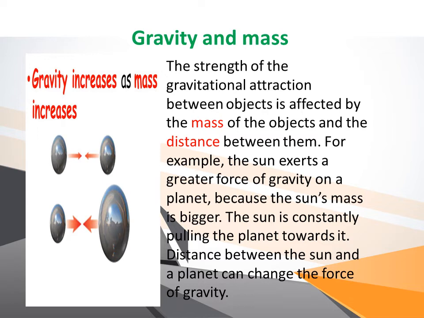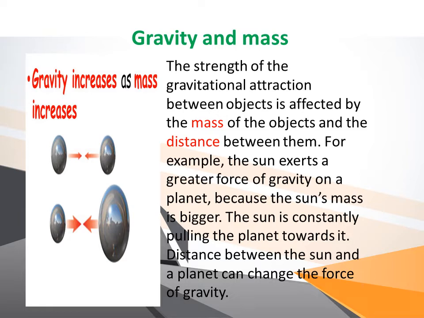Now, gravity not only depends on distance, the mass also. So, the strength of gravitational attraction between objects is affected by the mass of the objects and the distance between them. For example, the sun exerts a greater force of gravity on the planets because the sun's mass is bigger. The sun is constantly pulling the planets towards it. The distance between the sun and a planet can change the force of gravity. If the object's mass increases, there will be more gravitational force.